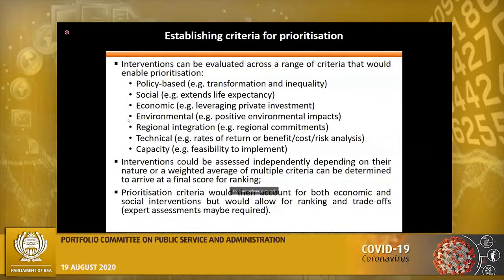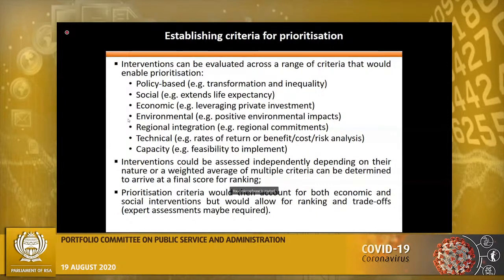Now, the other issue related to what I just said is the criteria, and we are toying with a number of options. There are always so many things that need to be done, but cannot ever be done. Now, the question is, as we come to Parliament most of the time, we are told across the spectrum of government that we have so many targets and we need to minimize the number of targets that we are going to follow as government so that we can also allocate resources efficiently. Now, we are grappling with such issues, honorable members.